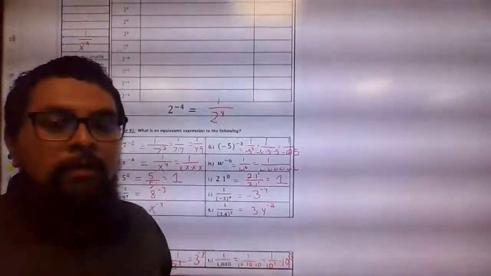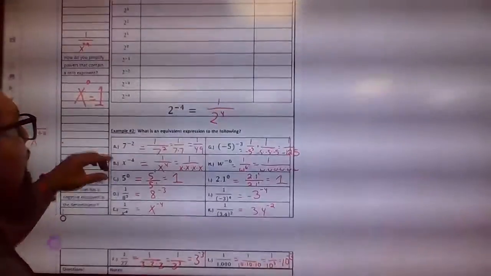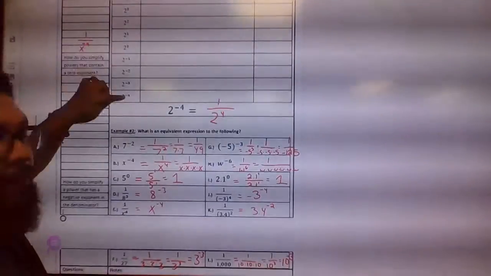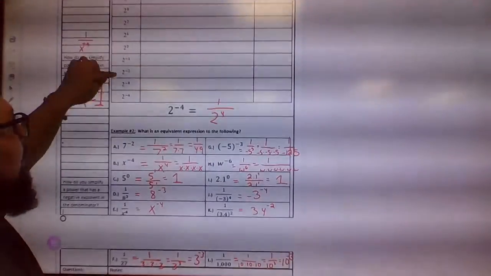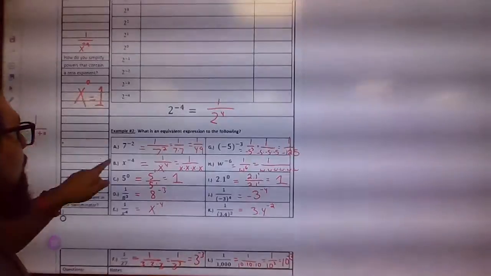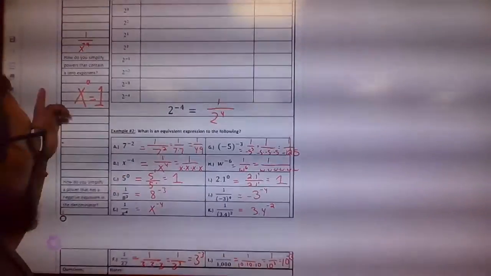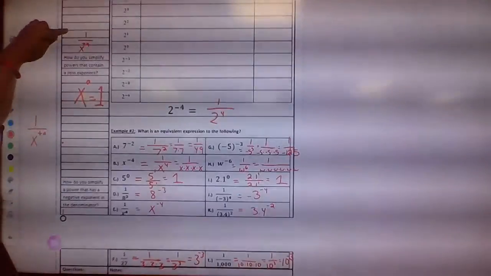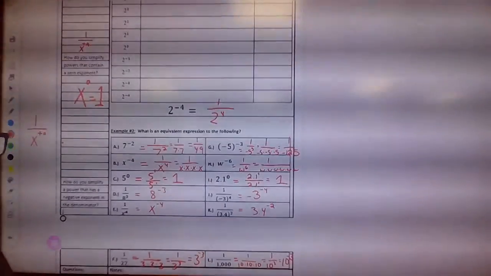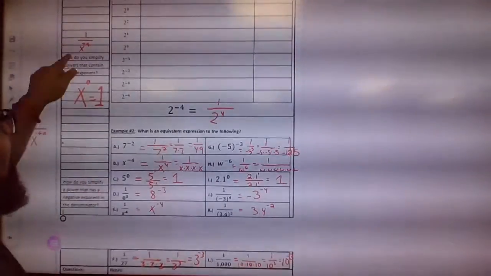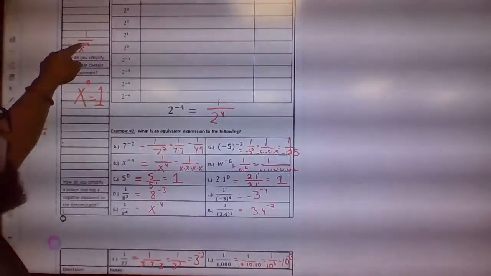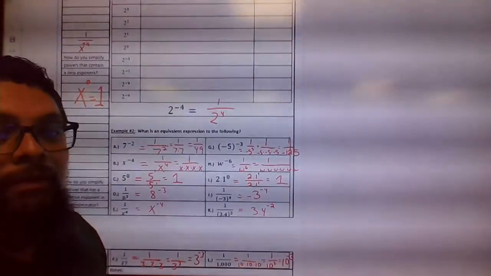So brief summary. Anytime you have a negative exponent like this, all you got to do is put a 1 on the numerator, your fraction bar, and on the denominator, it's going to have the base and then the positive exponent. Okay? It's easy.